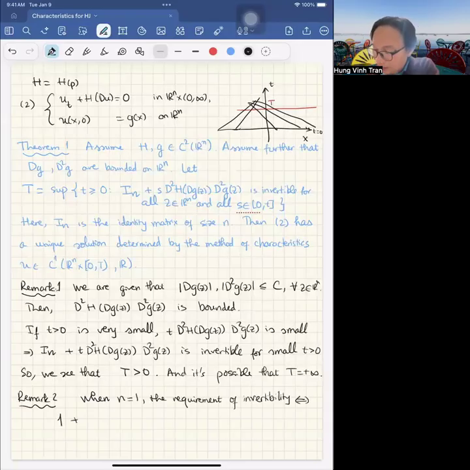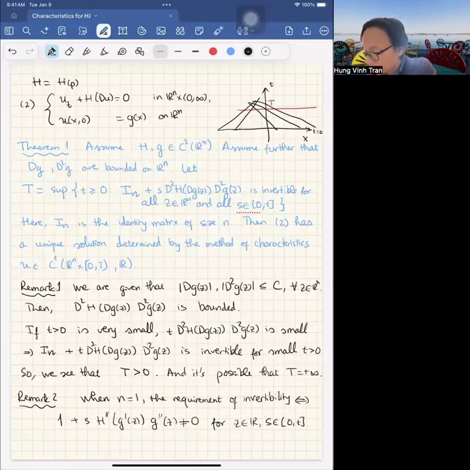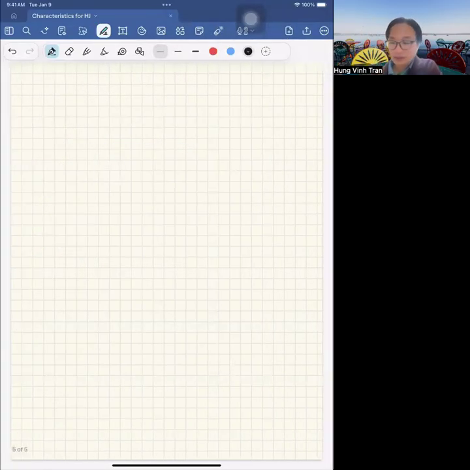So 1 plus s times h double prime, in 1D, g prime of z multiplied with g double prime of z is not zero. That's simple. So in 1D it becomes something very simple, for z in R and for s from 0 up to time t. Nothing more, nothing less. Very simple. All right, so now let me discuss this situation in 1D first, and then I'll give you a full proof in n dimensions later.